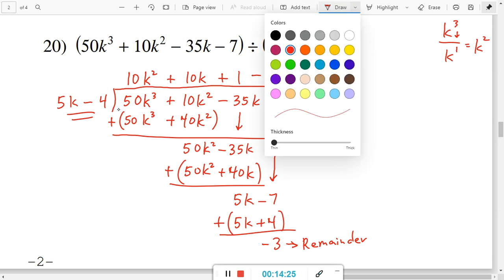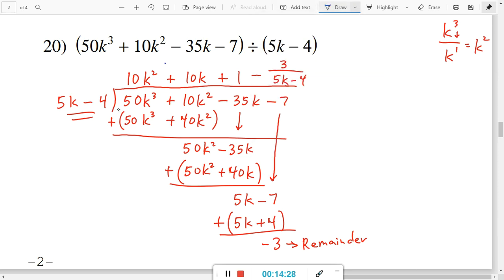Final answer. Okay, and like I said, you can write the remainder like this, or if you wanted to, you can also write plus negative 3 over 5k minus 4. That's the same thing.